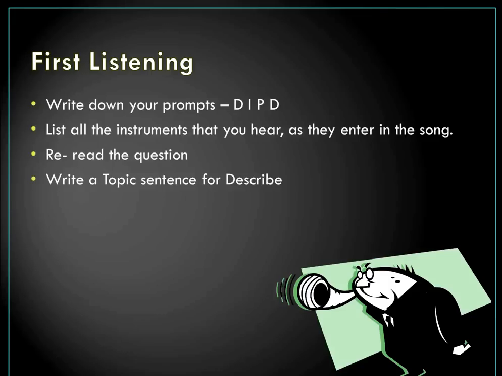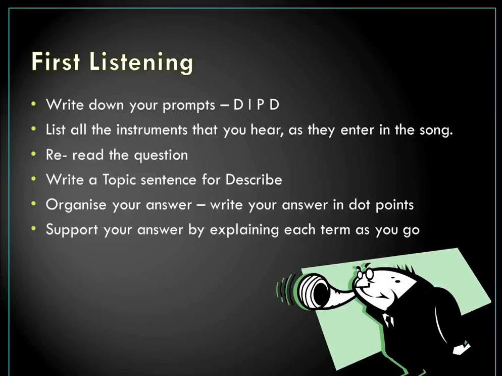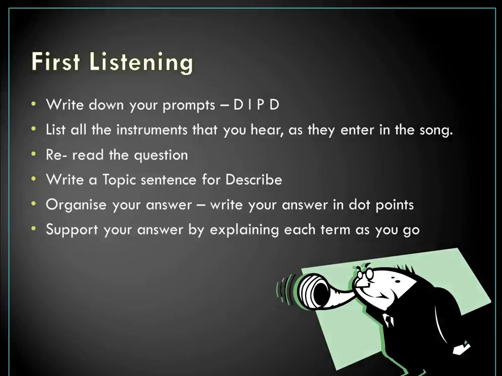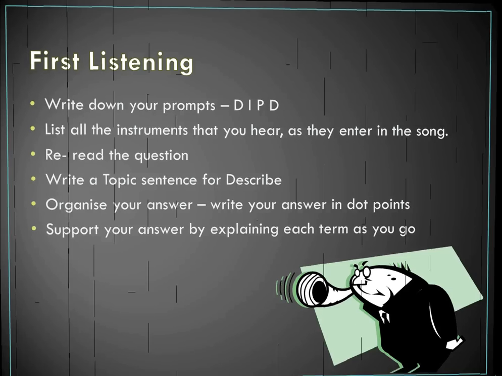Write a topic sentence for describe and organise your thoughts. Write your answer in dot points, and don't forget to support your answer by explaining every term as you go. As I keep saying, and I can't say it enough, you need to make sure that you've said everything, all the terms, all the time, and explained all of them so that you get your high marks. It's the only way to get those Band 6 results.